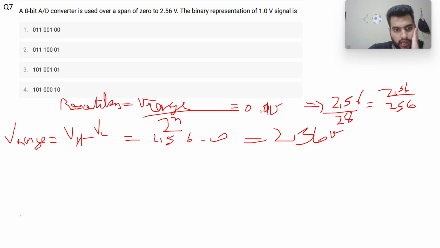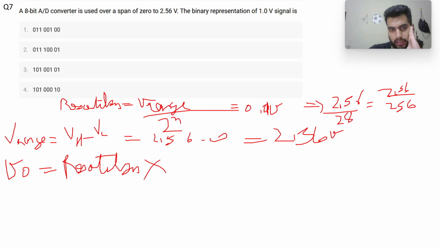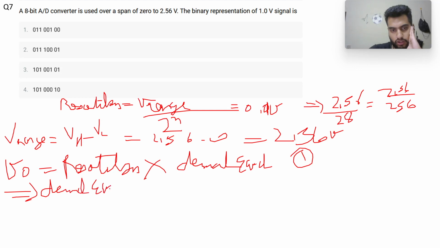Right? And your output voltage V naught is given by the resolution, as we saw earlier, multiplied by the decimal equivalent. So from this equation 1, the decimal equivalent of the output is equal to V naught by resolution.